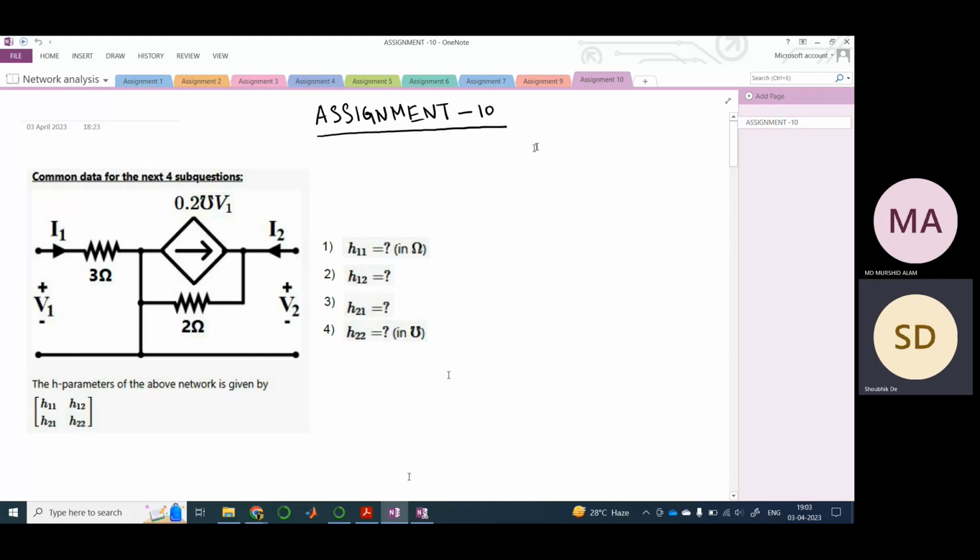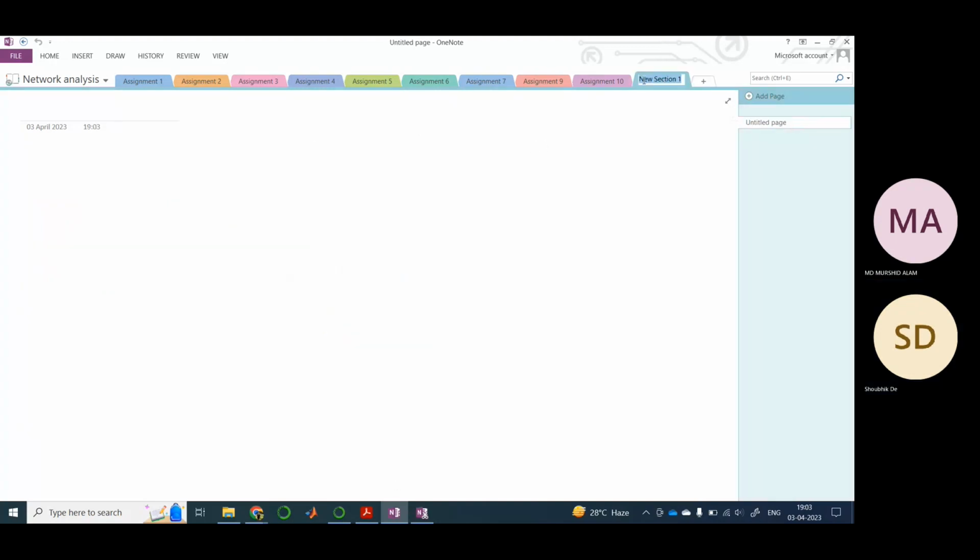So we'll be looking at two-port theorem. Just before going into the problems, we will look at some of the basic concepts. What is actually two-port theorem and what are the types of theorems that we get in this chapter or assignment.